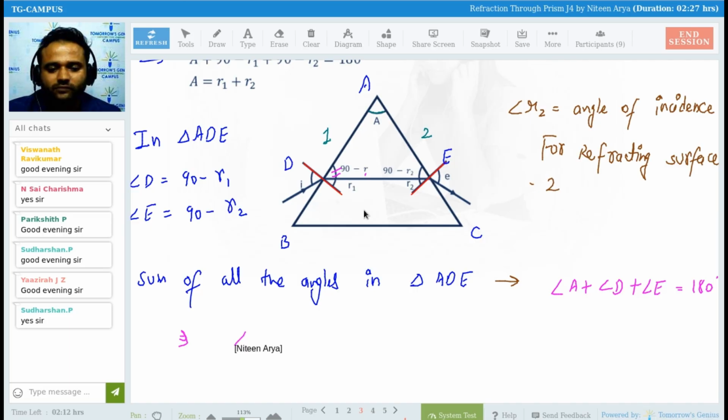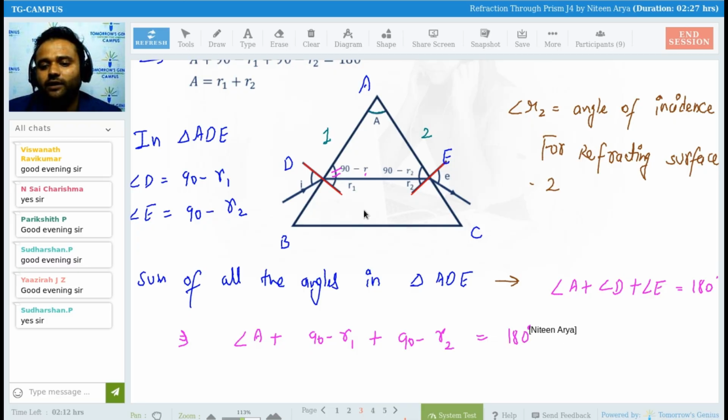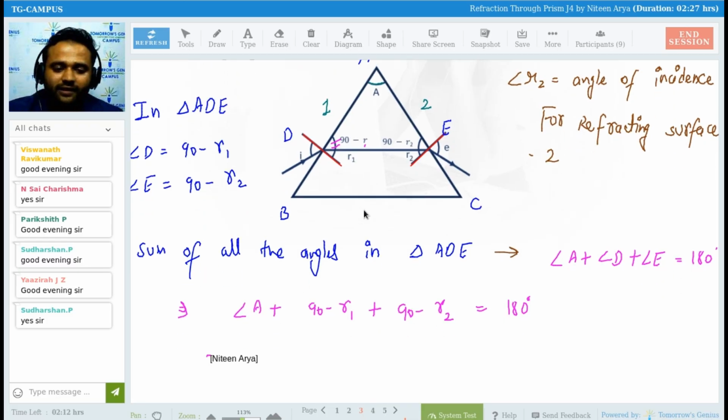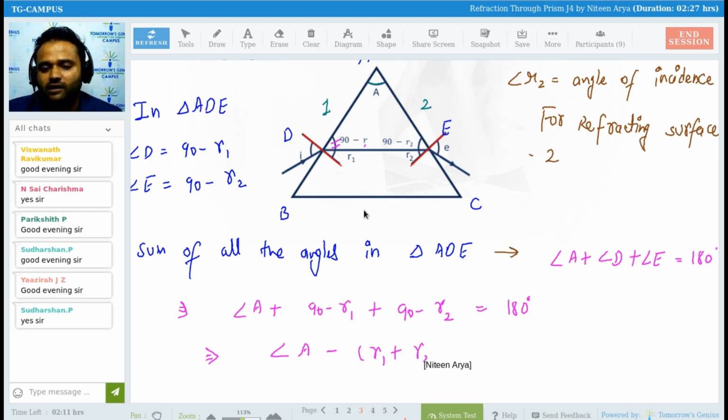Similarly, angle D is 90 minus R1. Angle E is 90 minus R2, and that is equal to 180 degrees. I'm not doing anything, we are just doing geometry. Angle A minus of R1 plus R2 plus 180 degrees equals 180 degrees. So this 180 cancels with each other.